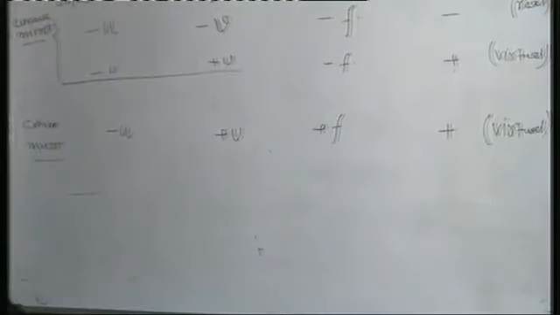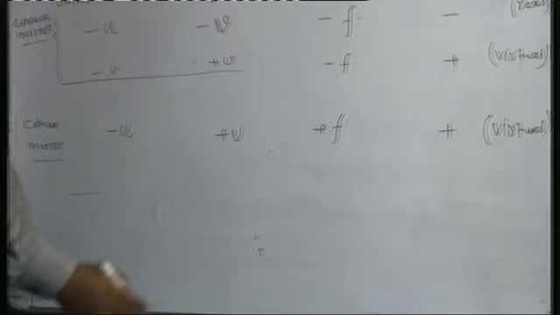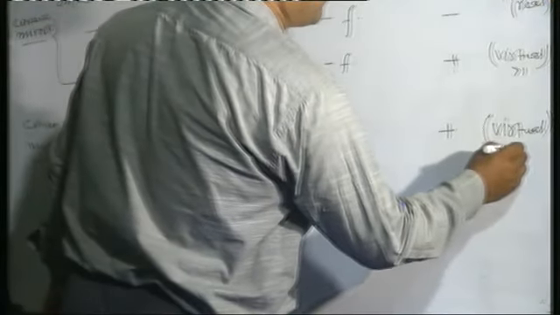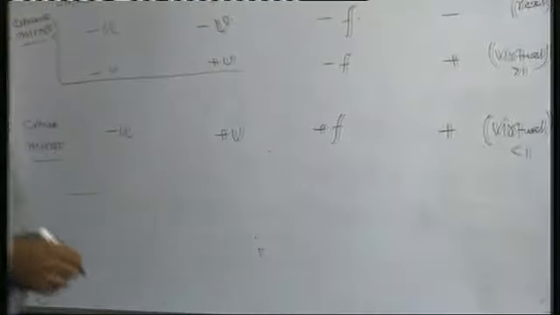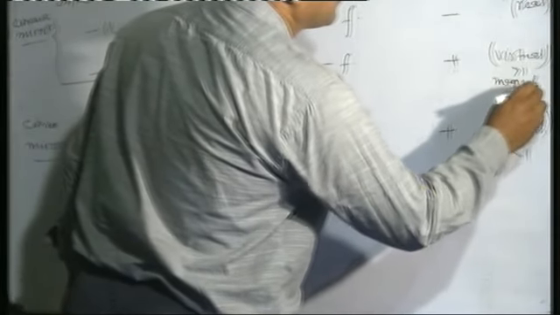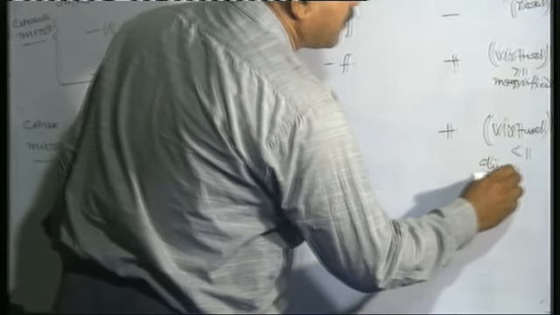It will be virtual. The value may be greater than 1, or the value may be less than 1. Means it will be magnified, or it will be diminished.